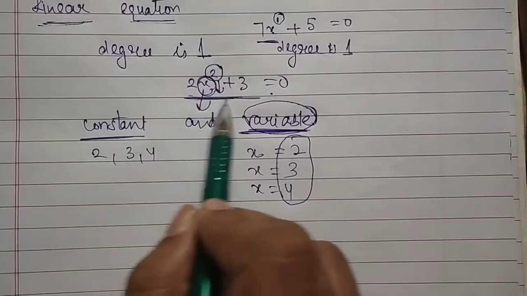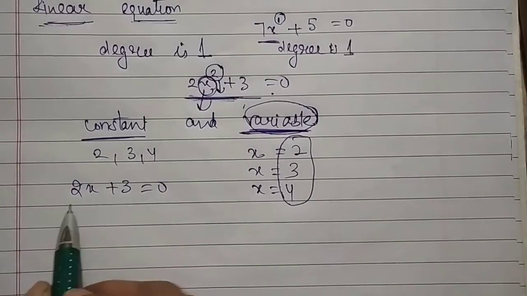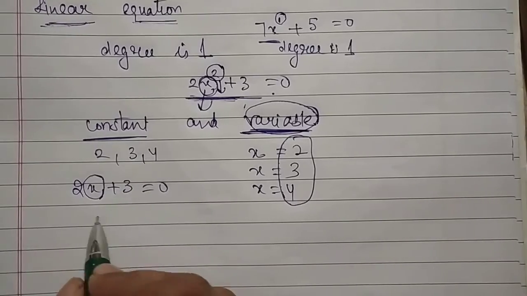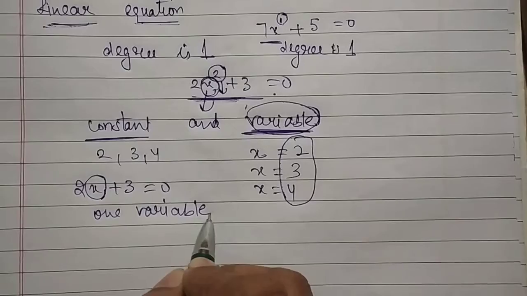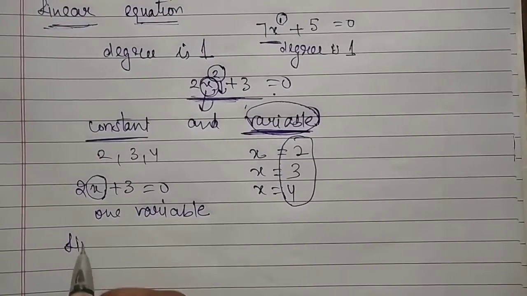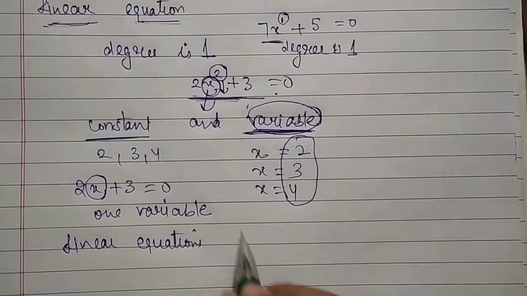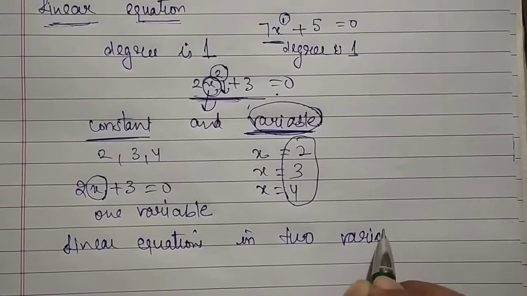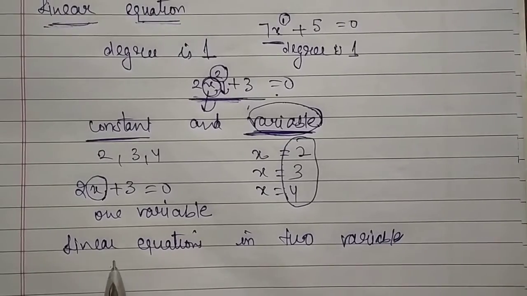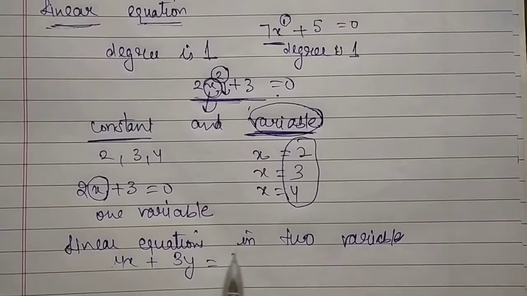Now I have written an equation there, that is 2x plus 3 is equal to 0. This is an equation in one variable. But in this chapter we will cover linear equations in two variables. Right? So in two variables the linear equation will be like that. For example, 4x plus 3y is equal to 7.